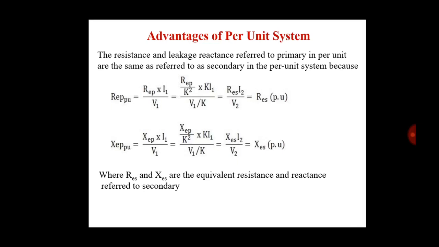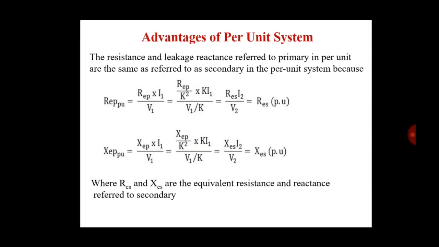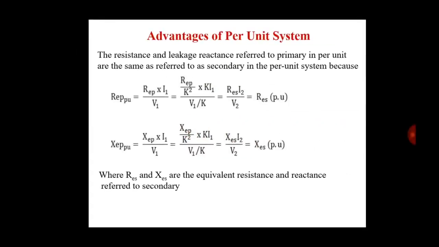The reactance equation becomes the same. Here we see that when we have the primary side value, we can calculate the secondary side value easily from the per unit system.